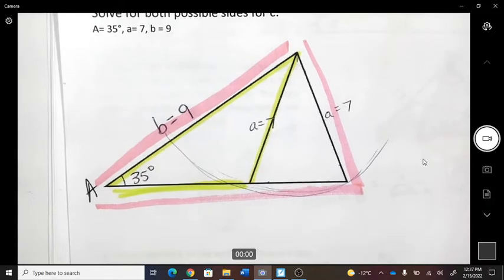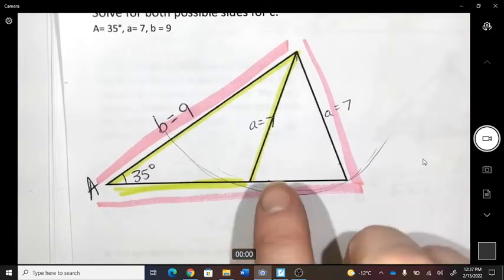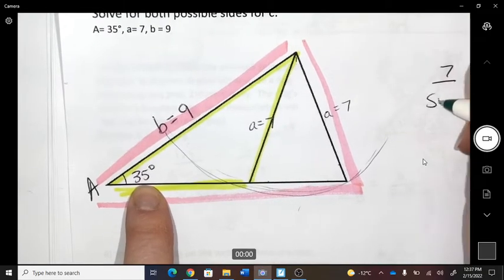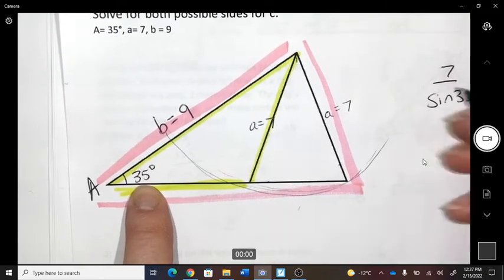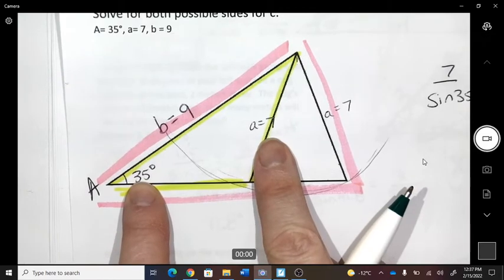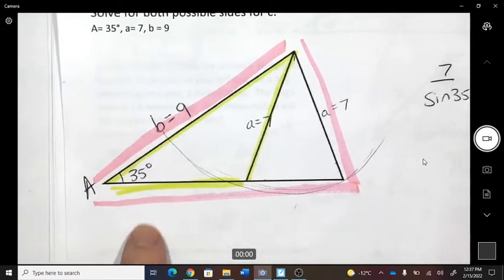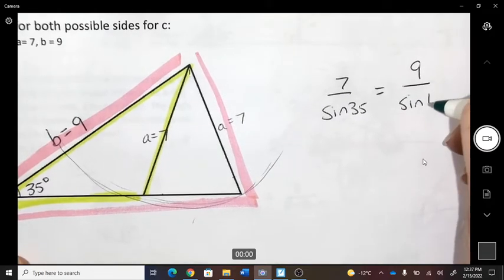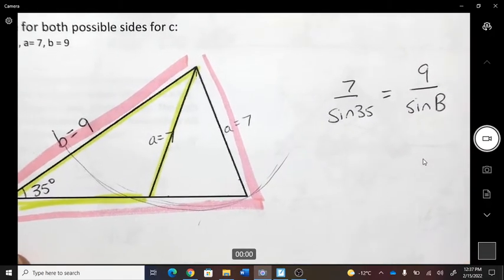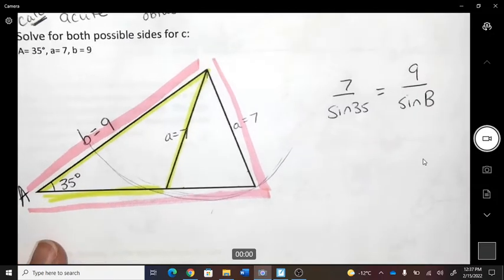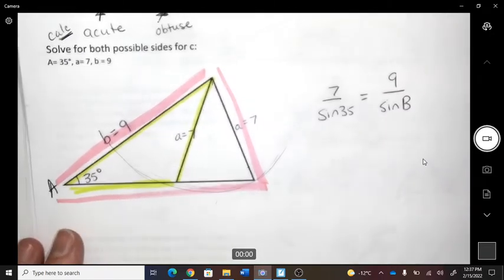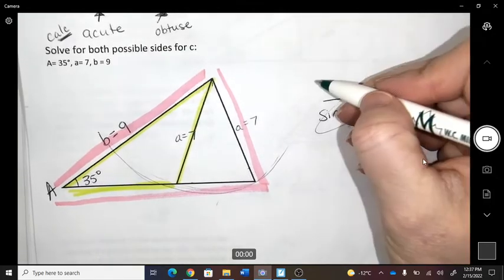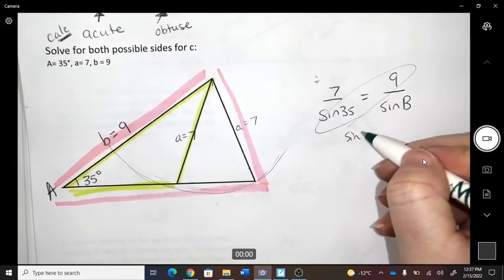Okay, here we go. So we're going to go pair, sine law, 7 and 35, sine law pair, nine and sine of angle B. Okay, times, divide, inverse.